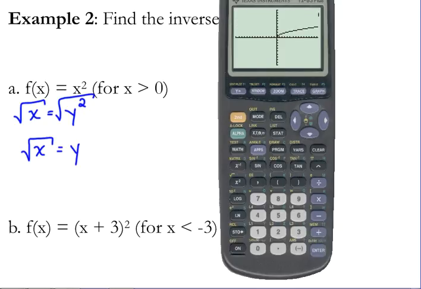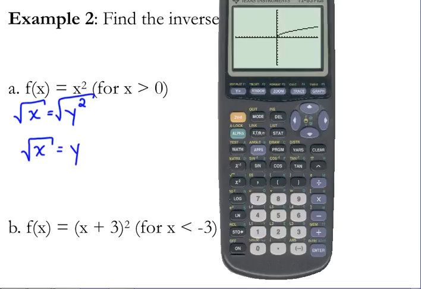I'm not able to put the plus or minus in my calculator, so I have to put it in separately. Is that a function? No, it's not a function. But if I just graph one of them, is that a function? Yes, that is a function by itself, just the positive square root.